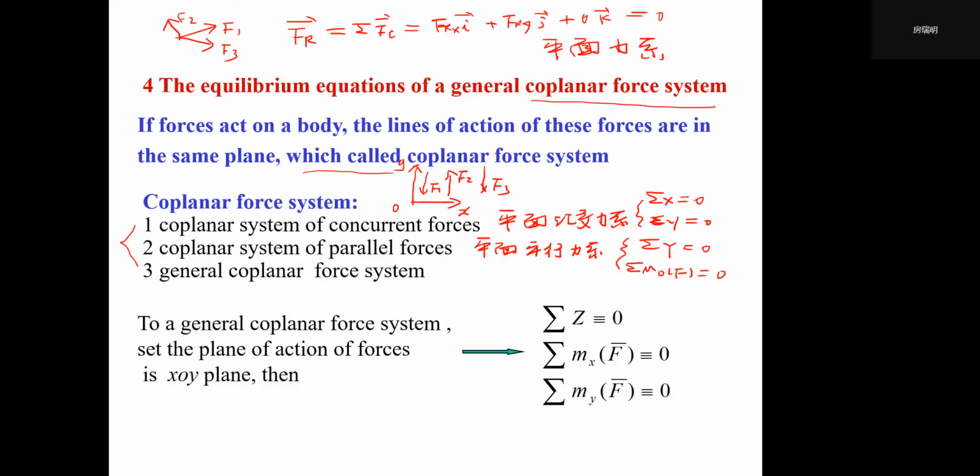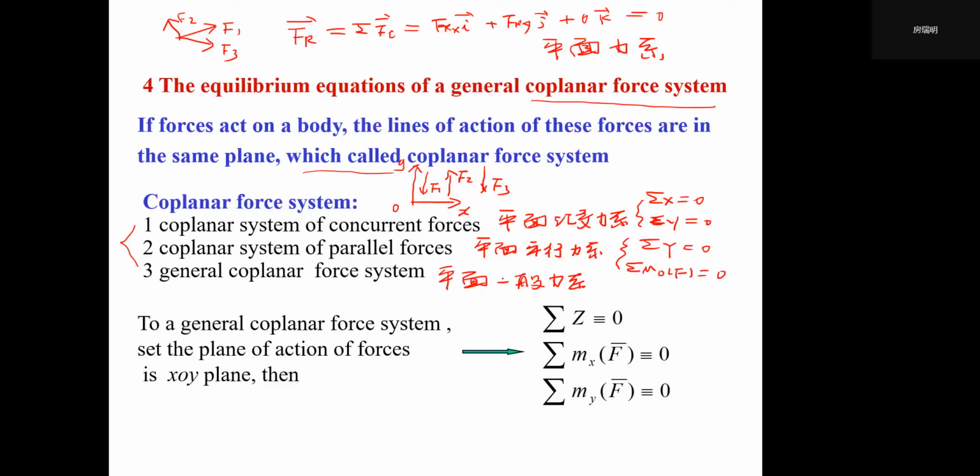Because all the forces in the same plane are perpendicular to the x-axis, when we write sigma Fx equals 0, it will always be true. So it is another identity. So 平面平行力系 will only have two equations.